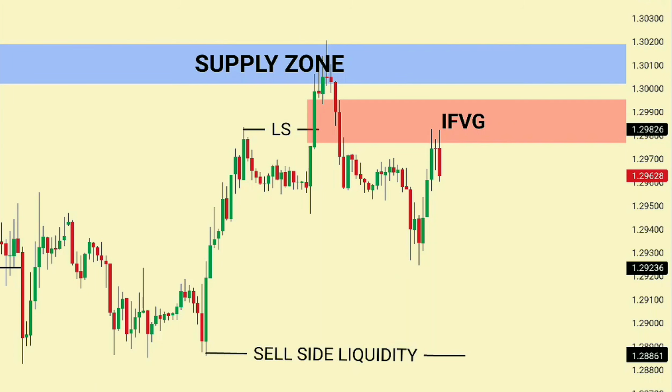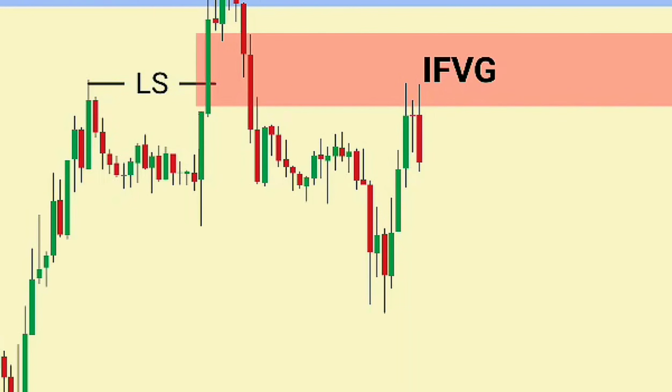sell trade. Now price retraces back into our inverse fair value gap, but we still don't enter immediately. First, we wait for confirmation. Notice how price attempts to move higher but leaves a rejection wick. That wick tells us buyers tried to push price higher but failed to maintain control. Immediately after that, price creates a strong bearish displacement.